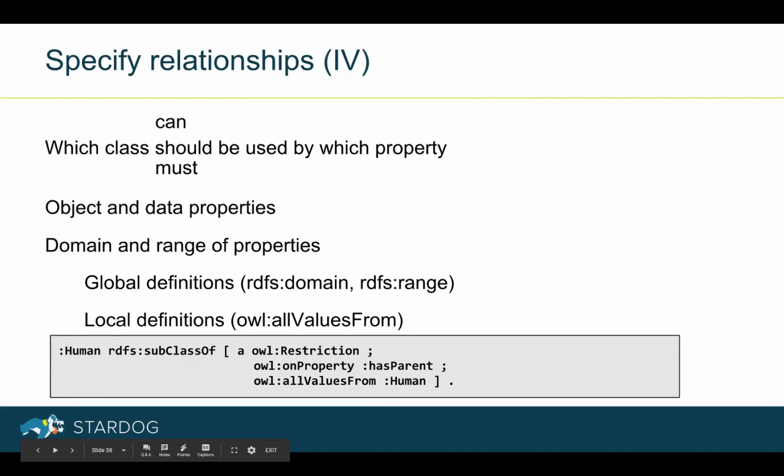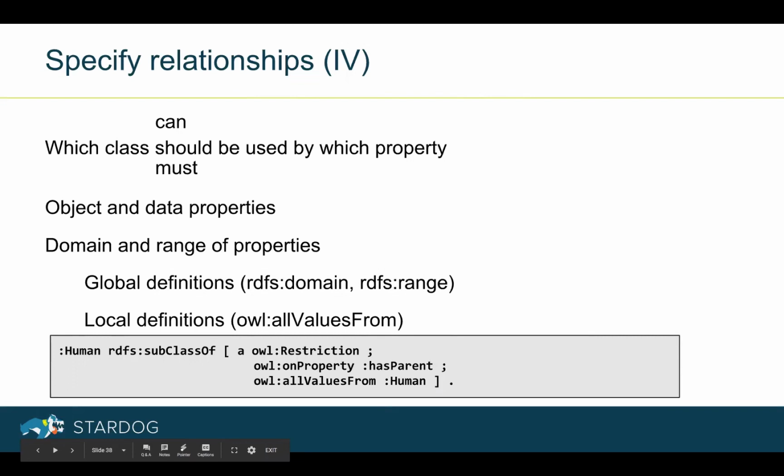As you're defining the domain and range of properties, know that they can be defined both globally and locally. I haven't really touched on it thus far, but OWL does allow you to define local properties that are true for specific classes versus the global RDFS domain and RDFS range. So in this example at the bottom, I could define hasParent to have an RDFS domain and RDFS range of some class human, but what if I then need to model animal families?